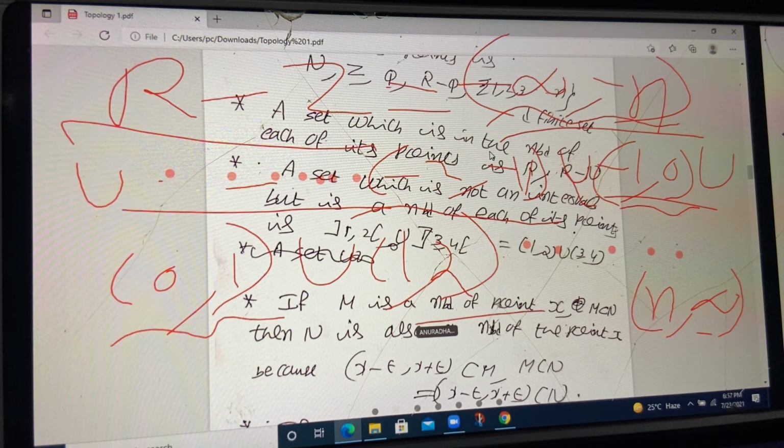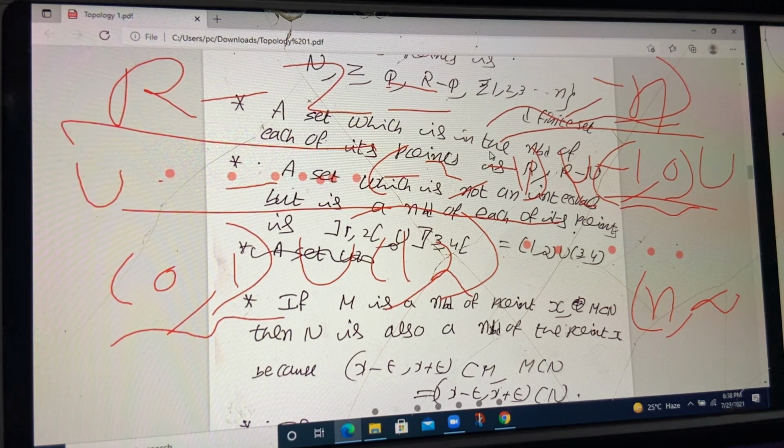They are unions of intervals, but they are not intervals. You cannot write this as (a, b) because there are gaps in between. Once you include minus infinity to plus infinity, you must include everything, but we have excluded minus 1, minus 2, minus 3, and so on, and 1, 2, 3, and so on up to n. So R minus Z is a union of intervals but not an interval, and R minus N is also a union of intervals but not an interval.